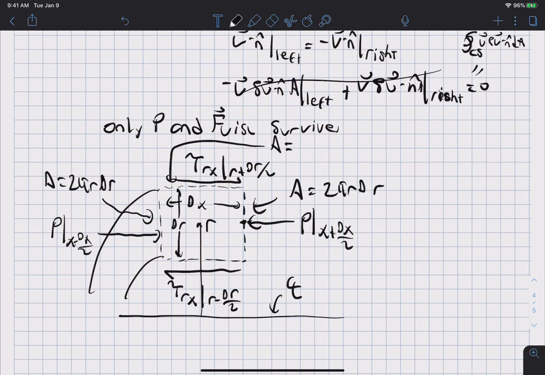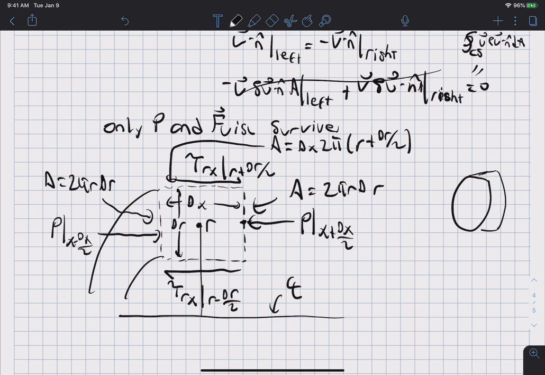Okay, and the center is at location r. So the area is just the area of the top part of this ring here, and so that is the width, which is delta x, times 2 pi times the outer radius, and that is r plus delta r over 2.